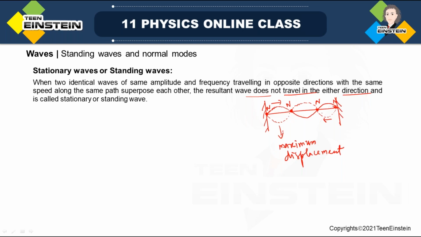And where the particles have maximum displacement, those are called antinodes.